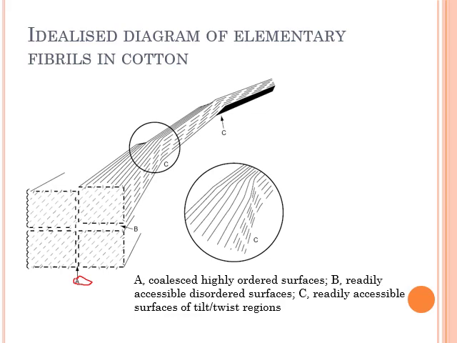Others, B, are relatively disordered and are more accessible. In addition, there are readily accessible surfaces C in the tilt twist regions that connect the more ordered regions.